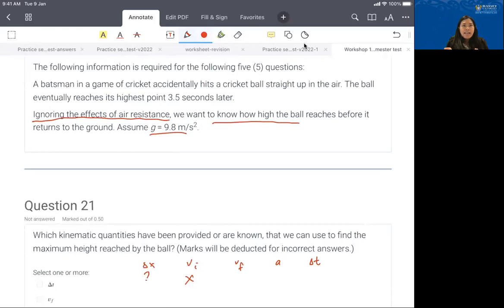So it's always the case that when something goes upwards and comes back down, ignoring air resistance, at the maximum height the velocity will be 0. You can take that maximum height point as final velocity being 0. That's when the ball stops.